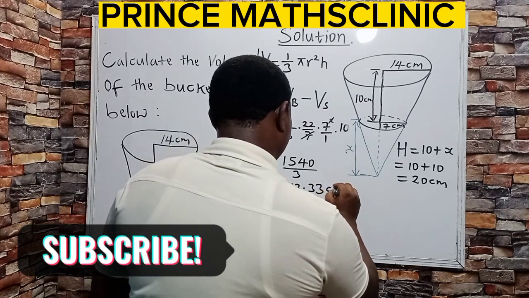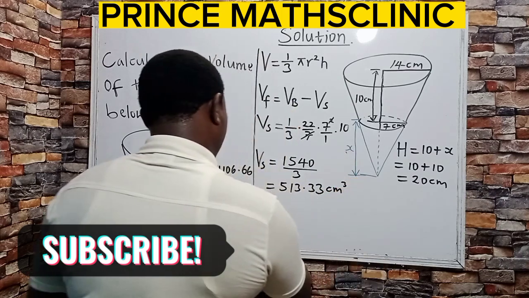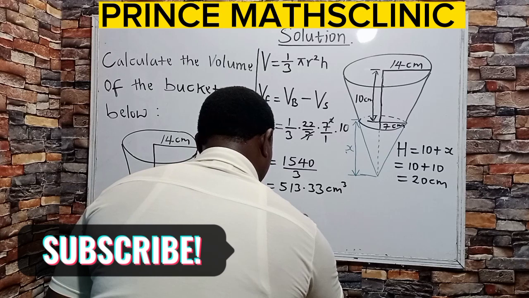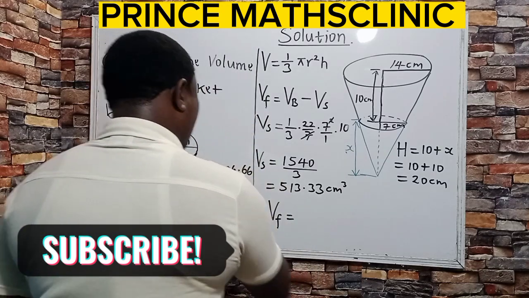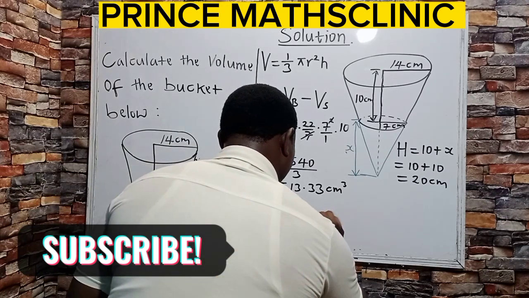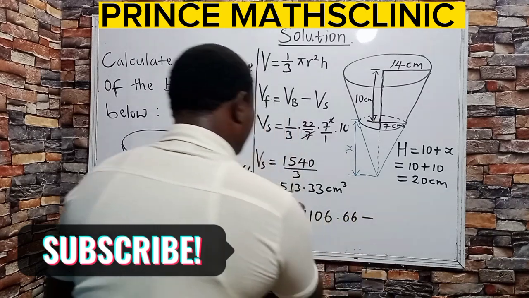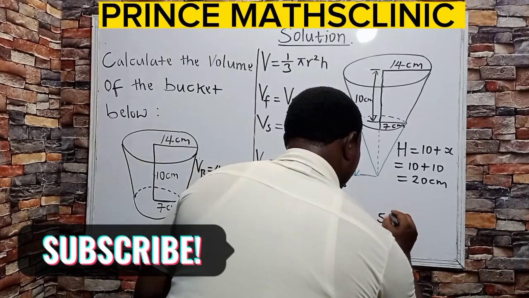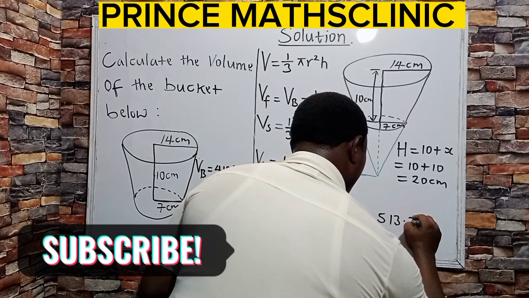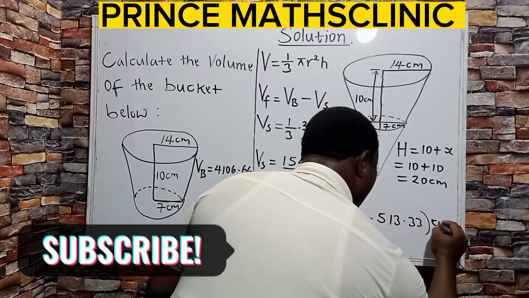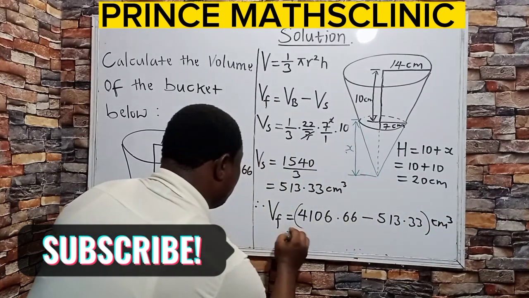513.33 centimeter cube. Therefore my volume of the frustum will now be the volume of the big cone, which is 4106.66 minus 513.33, all in centimeter cube.